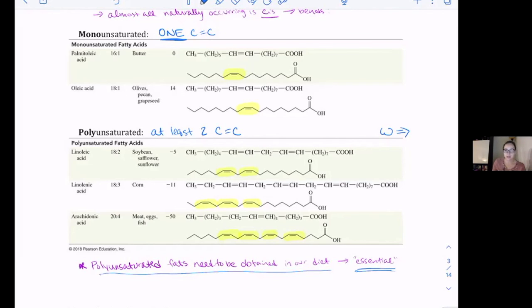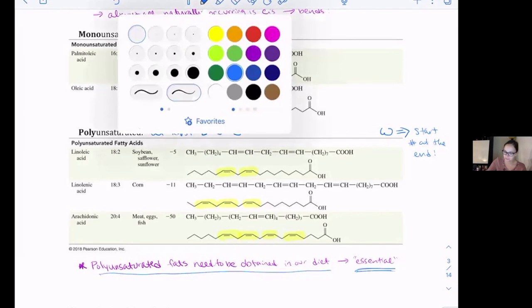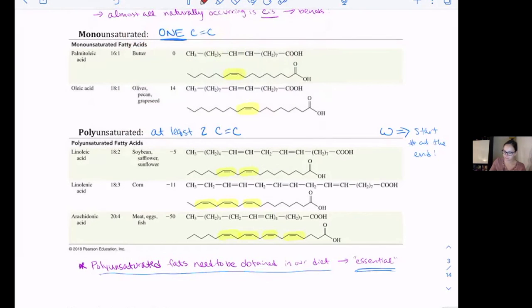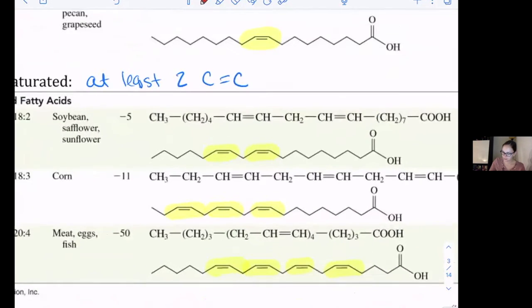When you're talking about these omega fatty acids, where that number comes from is we start numbering at the end, by which I mean the end opposite of the carboxylic acid. So let's pick a brighter color. I'm going to zoom in a little bit too.